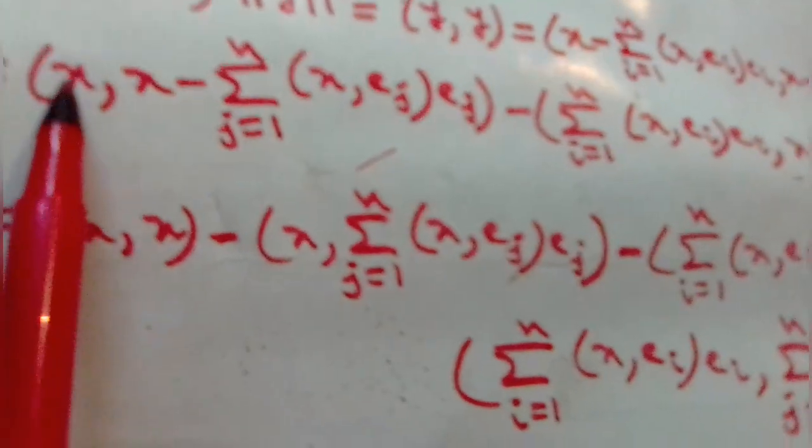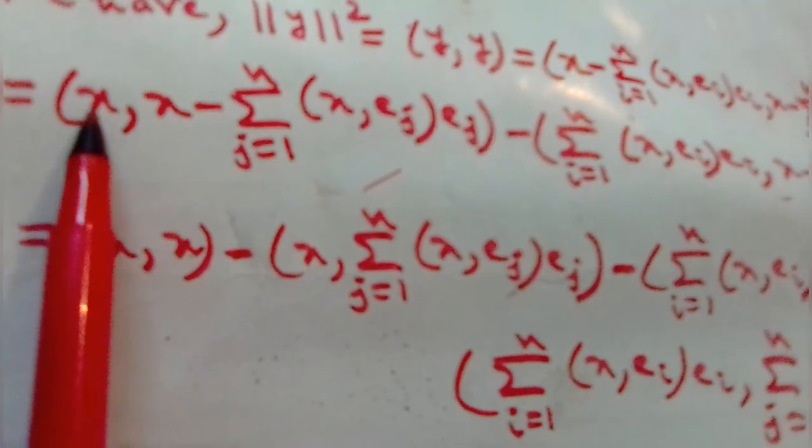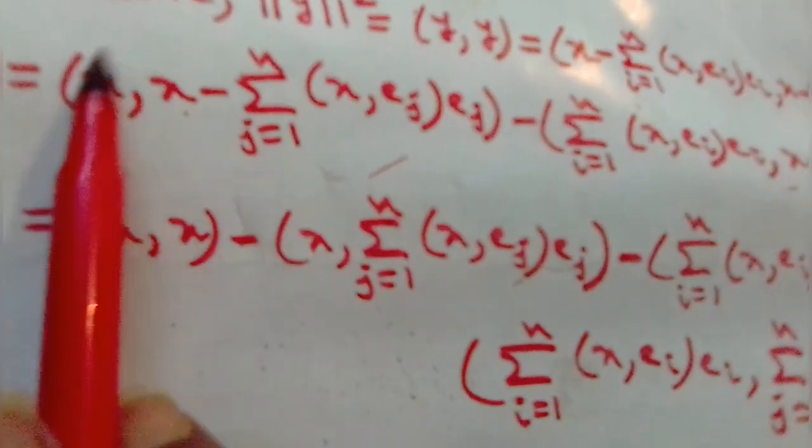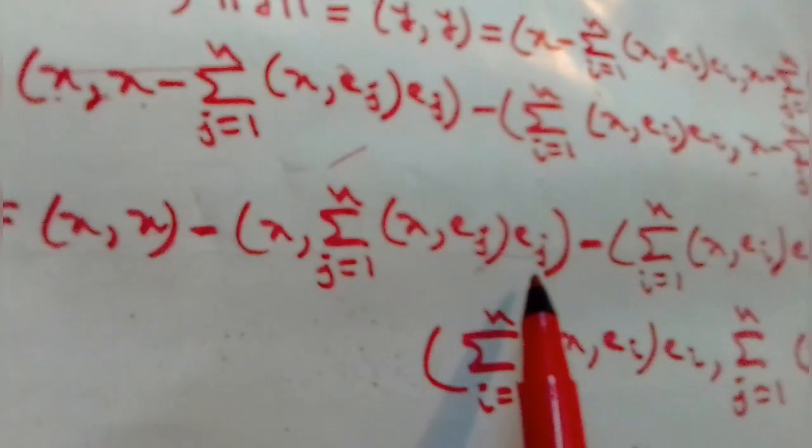This result we are using. Now we use the property of splitting, another linearity property. So it will be x dot x minus x dot this, and also minus of x dot this, and minus times minus is plus, so it will be plus of this dot this.